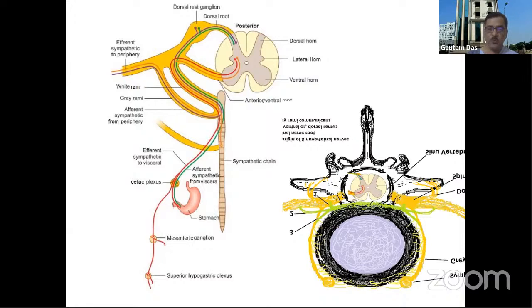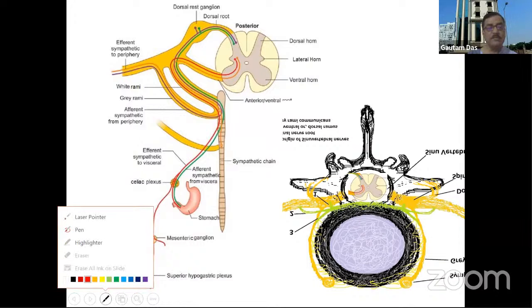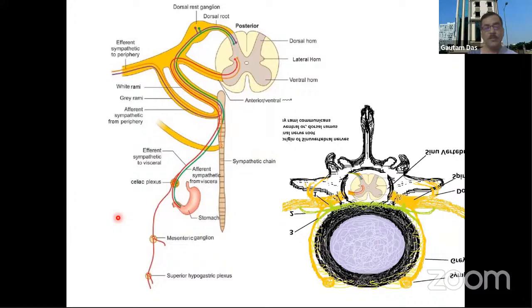So now, how are these fibers actually taking the pain signals to the brain? Anteriorly and laterally, these sympathetic fibers from the outer one third of the annulus join the gray rami communicantes directly or go into the sympathetic chain.